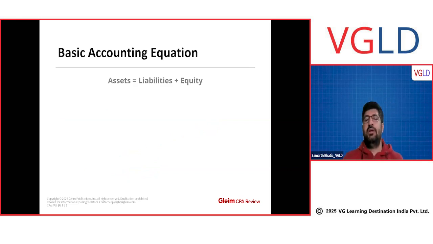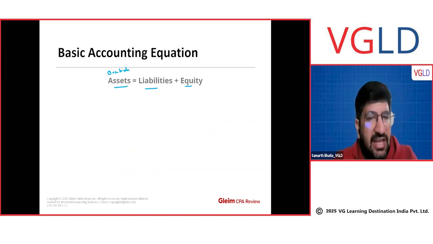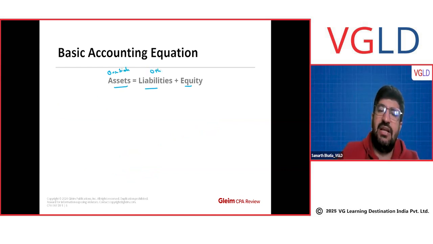Now, whenever we prepare the balance sheet, we usually follow this equation: assets equal liabilities plus equity. On one side of the balance sheet, we have the assets. On the other side, we have the liabilities and the equity.